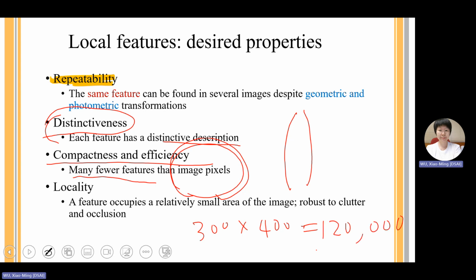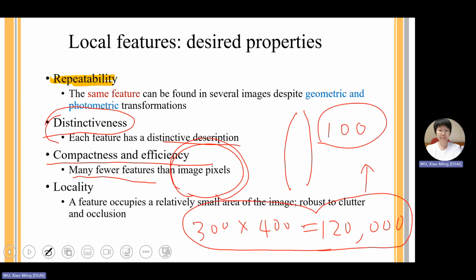But we should represent this image with perhaps only 100 interest points, and each point is represented by a 128 dimensional vector.